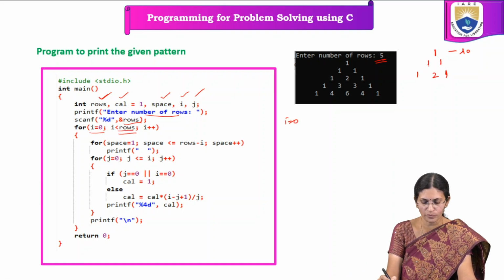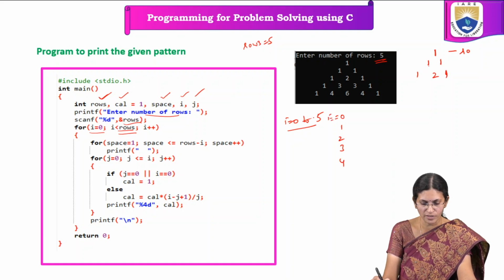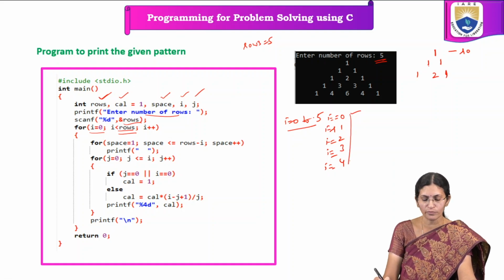Suppose the user is entering rows is equal to 5. So I will vary from 0 to 5, that means it will vary 0, 1, 2, 3, 4. I is equal to 0 in the first iteration, I is equal to 1 in the second iteration, then I is equal to 2, 3, 4. In this way, the outer for loop will repeat for 5 times.